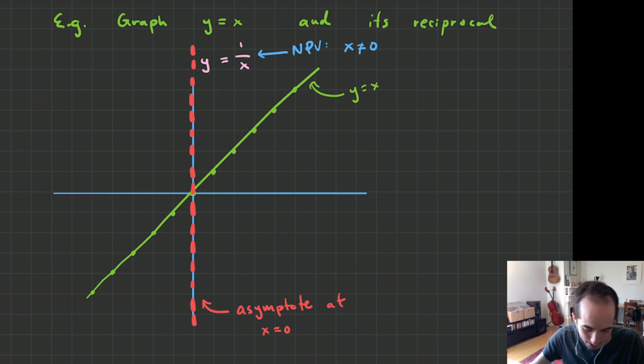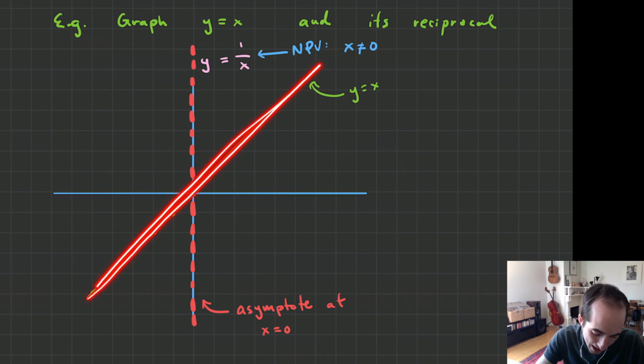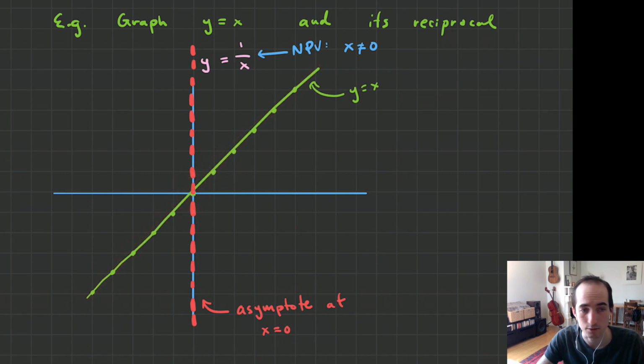Anytime our original function, like the function that we just drew in green, passes the x-axis, which would correspond to an x-intercept, all of those would correspond to a vertical asymptote, because that would be the point where we would be expected to divide by 0. And you can't divide by 0, so we have a vertical asymptote.